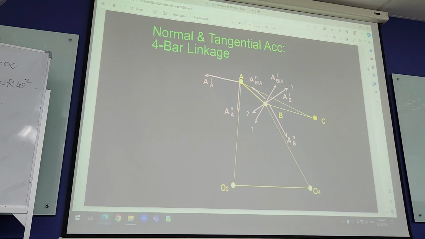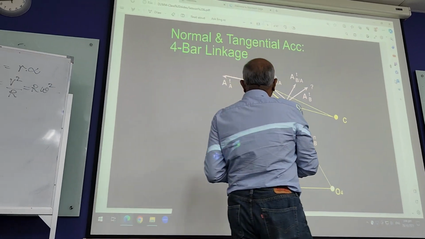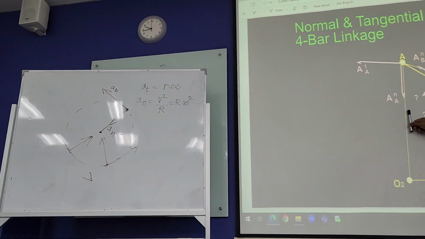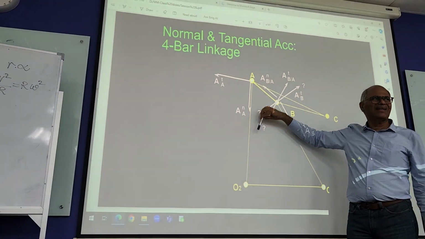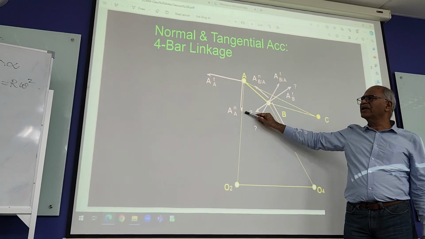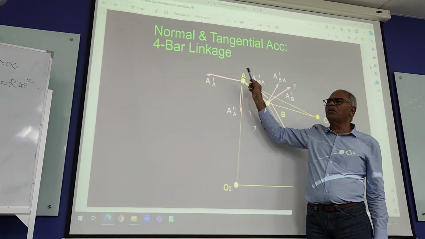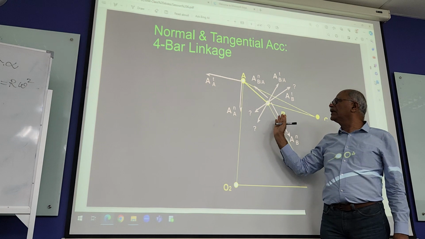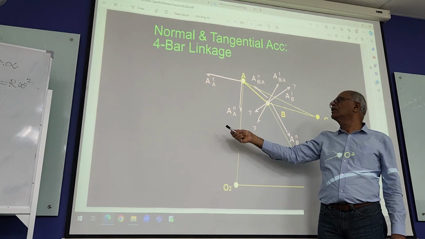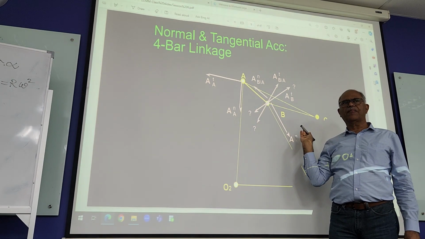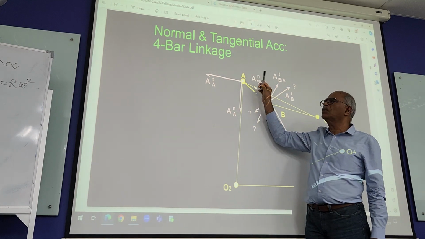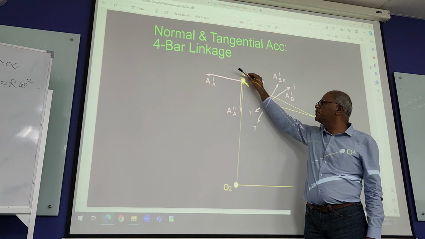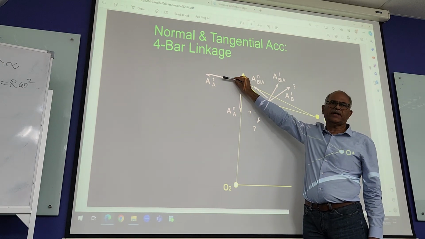Now the normal component in a 4-bar linkage mechanism. For example, let us say this is your link 2. It has a normal component in the direction of the link. Then the tangential component depends on whether the link is moving counterclockwise or clockwise. If the link is moving counterclockwise as shown here, the tangential acceleration is perpendicular to the link, this side.